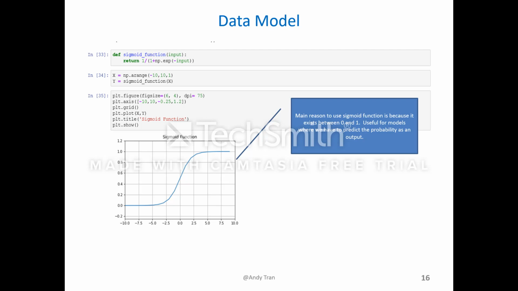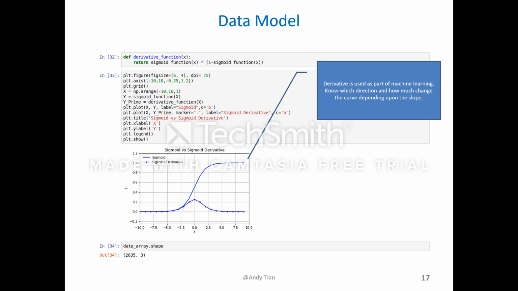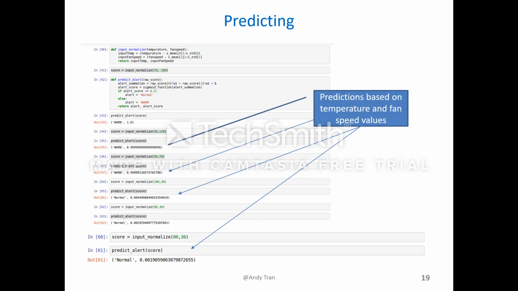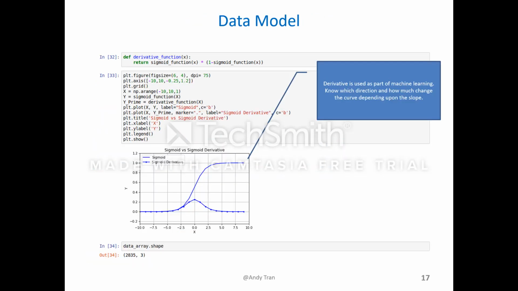And the derivative, as you can see on this slide, is that when updating the curve, we know exactly how much to change the curve depending on the slope. So that's why we use differentiation in neural networks.